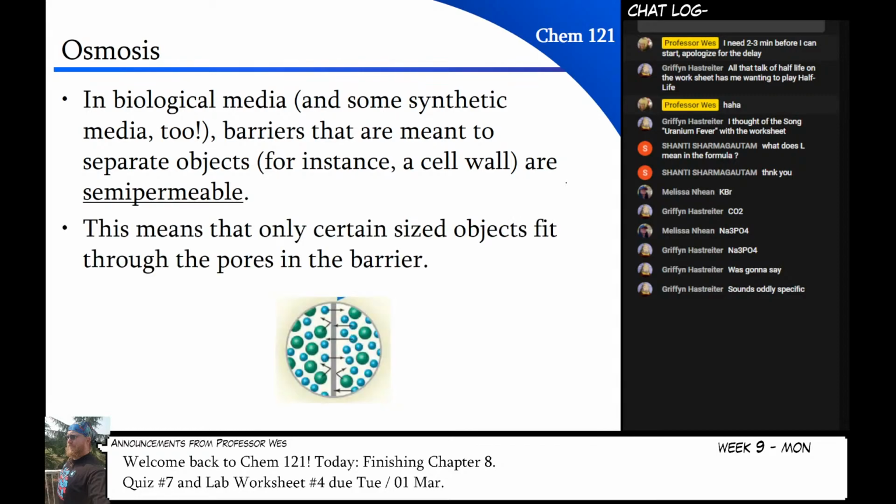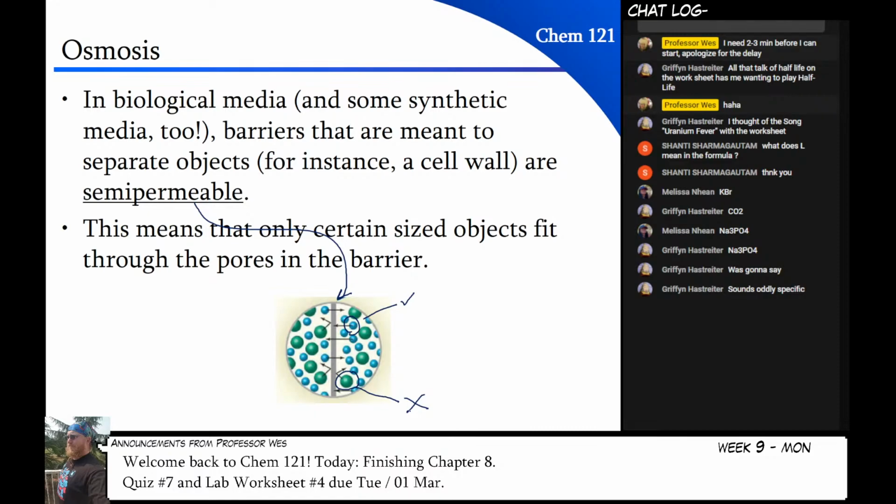Osmosis is the movement of a liquid solvent through a barrier that is known as semi-permeable. So this membrane right here is semi-permeable because some things are allowed to go through, but other things are not. That's what semi-permeable means. Permeable means something can go through it. Semi-permeable means we have limited permeability. Only certain objects are allowed.